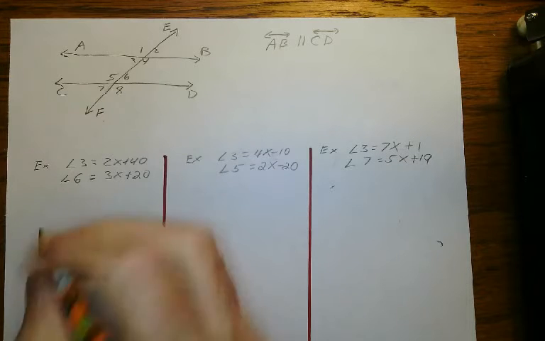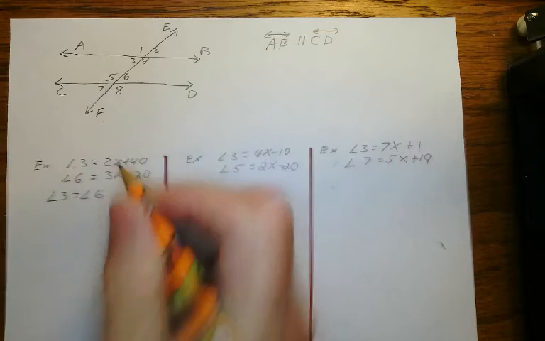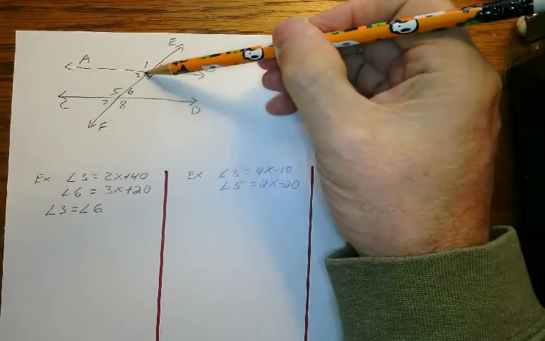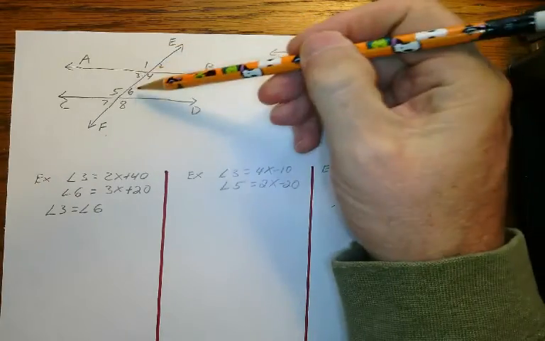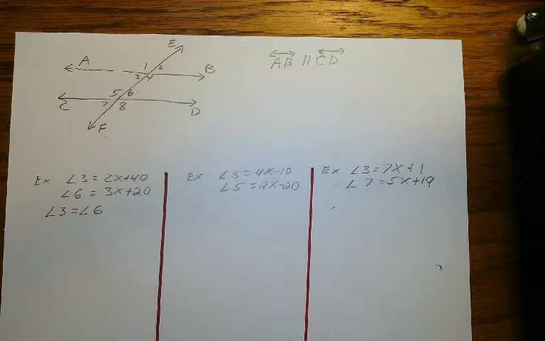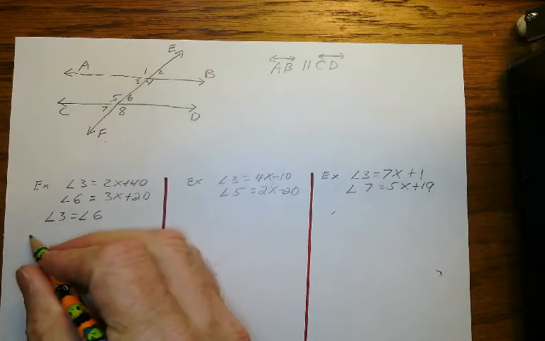Angle 3 is equal to angle 6. Now let's just say you can't remember that, and you just go by what you see. Angle 3 is an acute angle, angle 6 is also an acute angle. If they're both acute, they're going to have to be equal to each other. If they look like they're equal, then they are equal. So you say angle 3 equals angle 6.